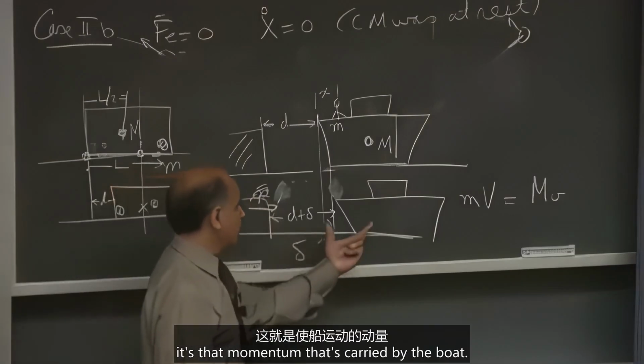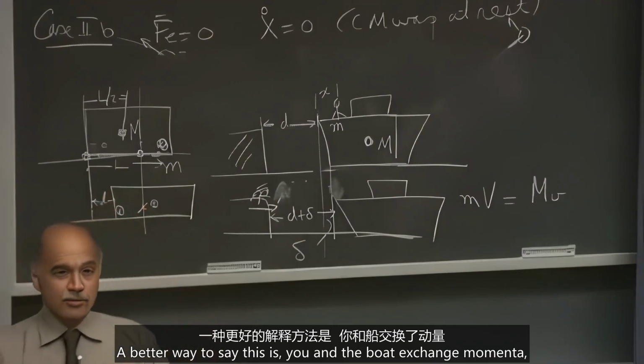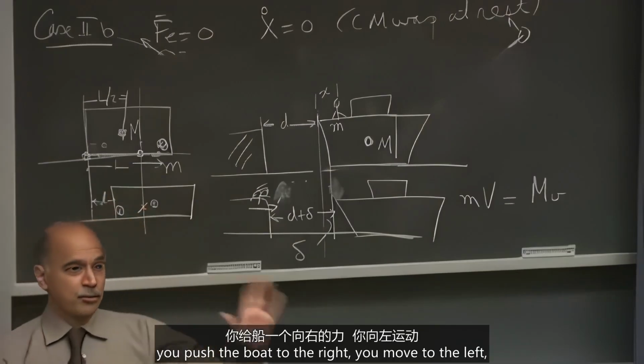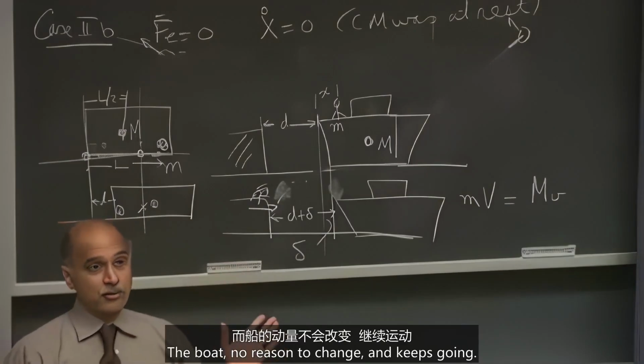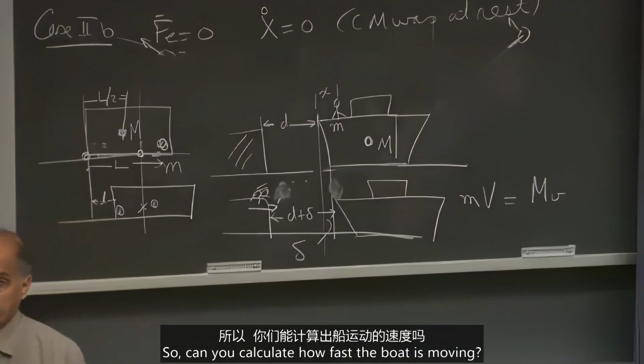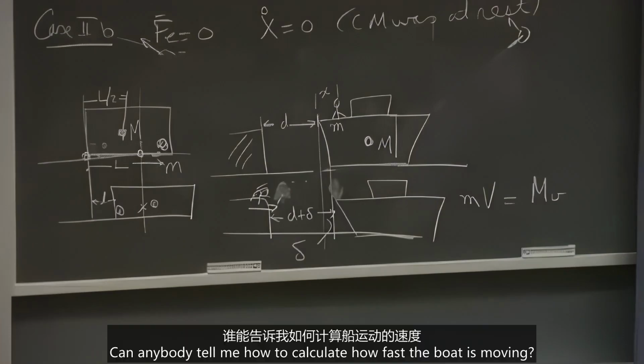It's that momentum that's carried by the boat. A better way to say this is you and the boat exchange momenta. You push the boat to the right, you move to the left, and your momentum is killed by the shore. The boat has no reason to change, it keeps going. So you can calculate. Can you calculate how fast the boat is moving? Can anybody tell me how to calculate how fast the boat is moving?